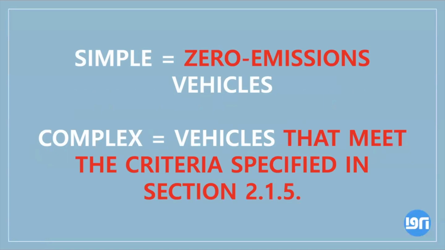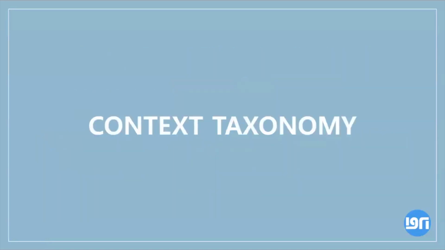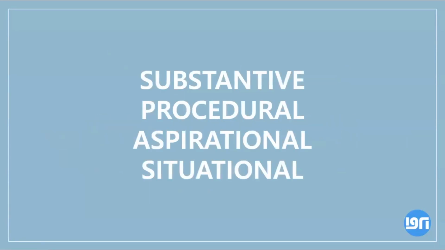With the object property hierarchy and the property taxonomy, we've seen how IG Extended gives us tools to study the object in greater detail. IG Extended also introduces a context taxonomy to further capture how institutional statements are embedded within specific settings or environments. The context component can be sorted into 4 categories: substantive, procedural, aspirational, and situational.